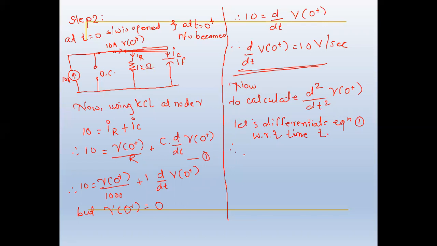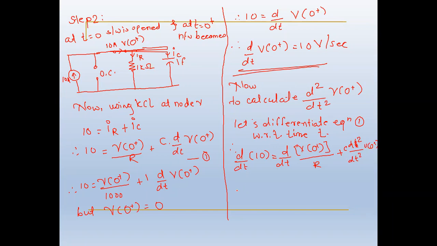Therefore, d by dt of 10 is equal to d by dt of V of 0 plus divided by R plus C into d by dt square into V of 0 plus.